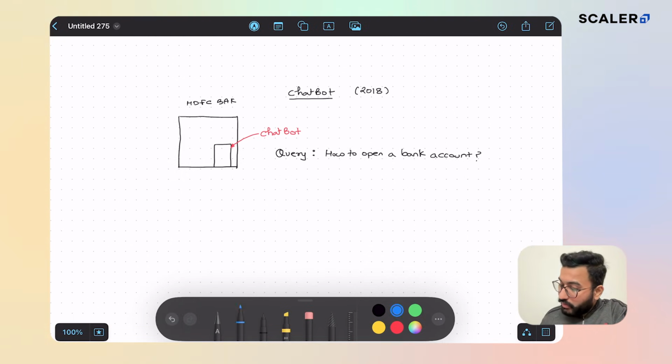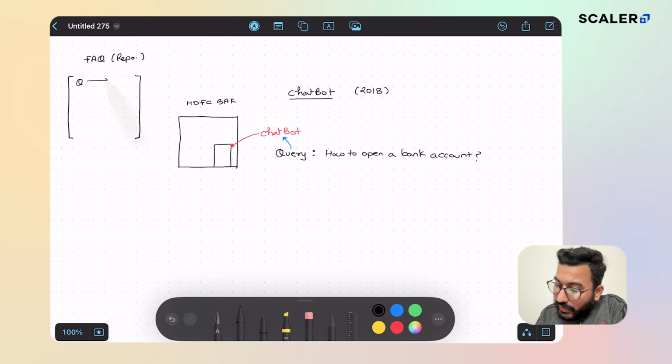This chatbot will take this question, or the query, and the bank would have trained this chatbot on a series of questions and answers, which are kind of a repository of FAQs. So this is the FAQ repository, where they have preserved all the questions and their suitable answers. Question, suitable answer. Question, suitable answer, and so on.